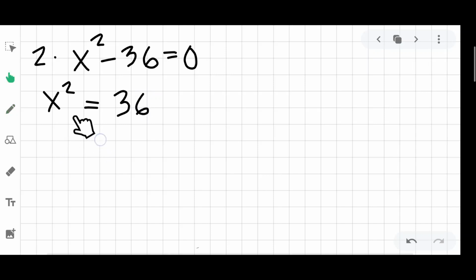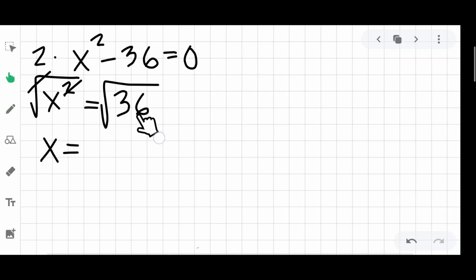Then, pwede na tayong mag-square root. So, i-square root natin both side. Makakancel yung squared. Ang maiiwan na lang ay x. So, what is the square root of 36? Which is positive and negative 6. So, our solution is x equals 6, x equals negative 6.